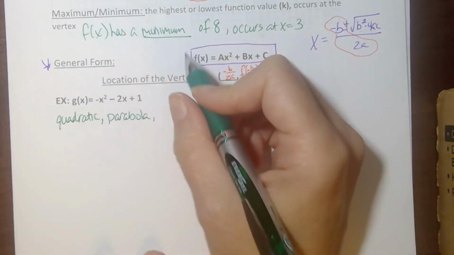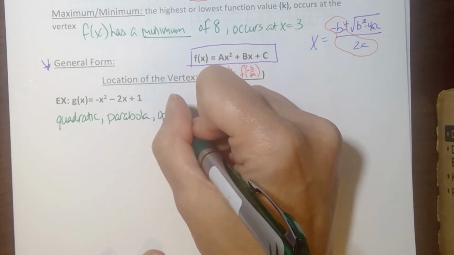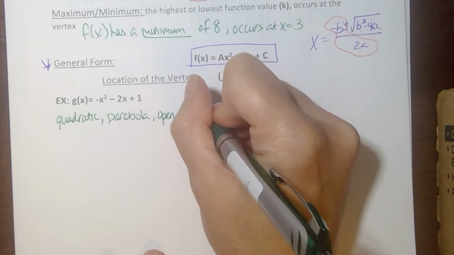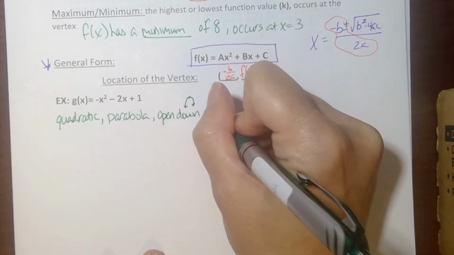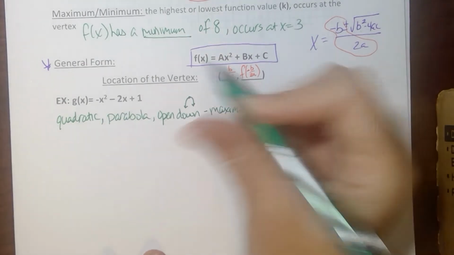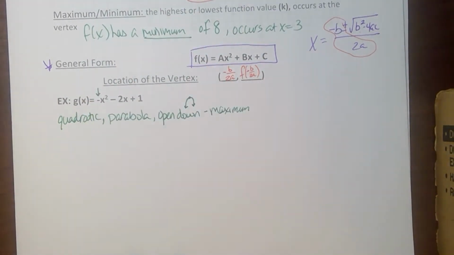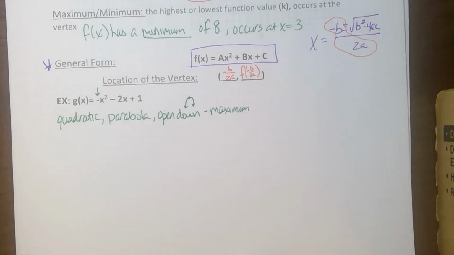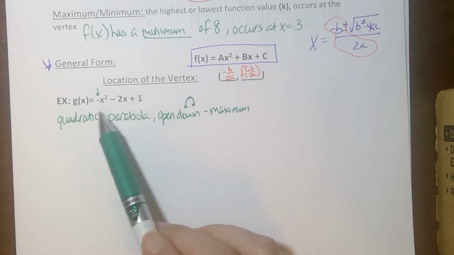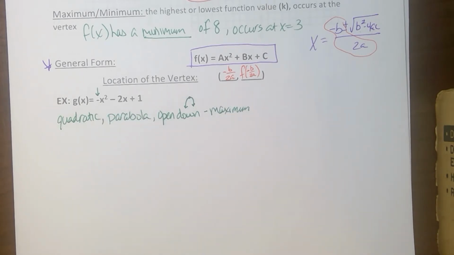And I know that it will open upside down like this, which means I have a maximum function value. And I know it opens upside down like that because of that negative out front. That's one of my rigid transformations. That's a reflection across the x-axis. It turns my parabola upside down. These are the things I know immediately just by looking at this graph.